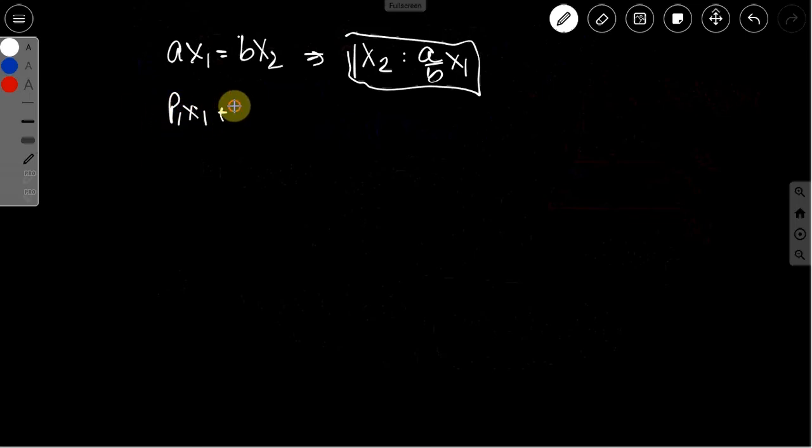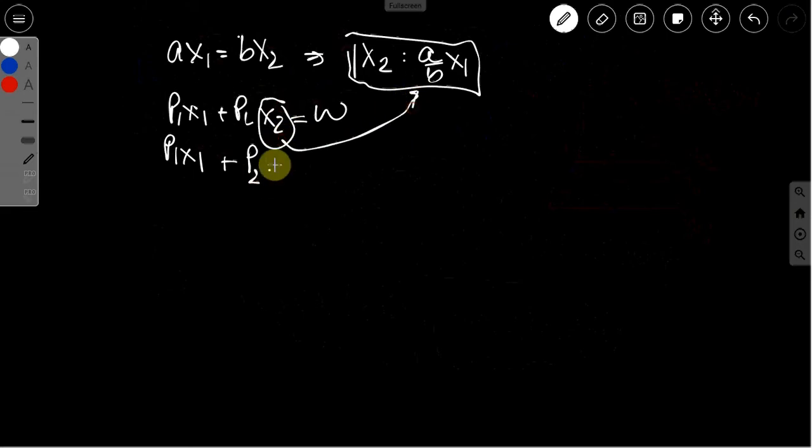P1 x1 plus P2 x2 is equal to total wealth. So now P1 x1 plus P2 times the value of x2, which comes from here, this is a over b x1, equals w.